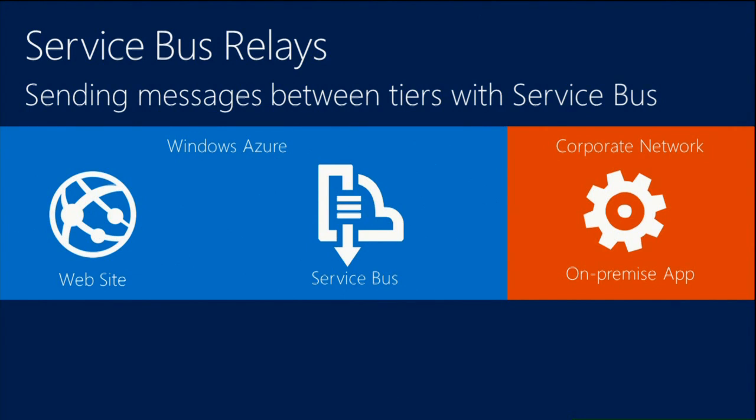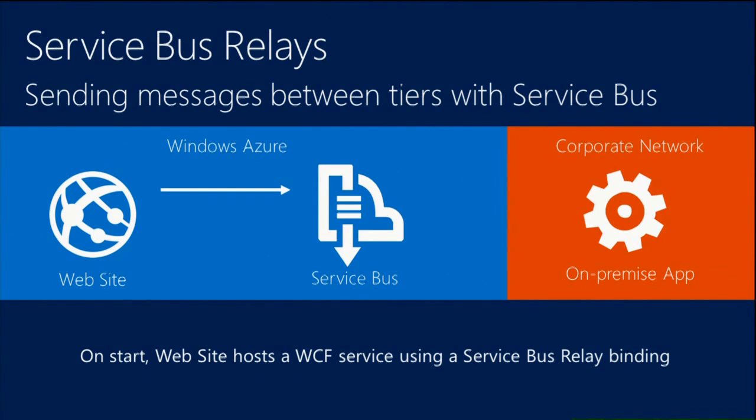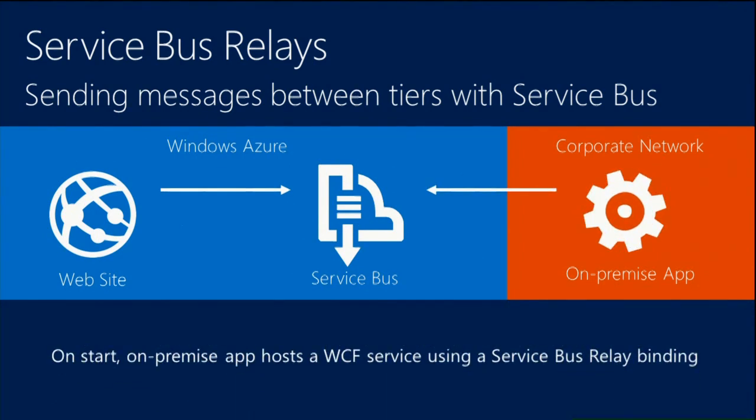So let's look at what the flow would look like for this particular scenario. My website is hosting a WCF service inside the web application whose endpoint is a service bus. Once the application starts, the WCF service starts, and it connects to the endpoint in service bus. The second step is my on-prem app, think about my WPF app.